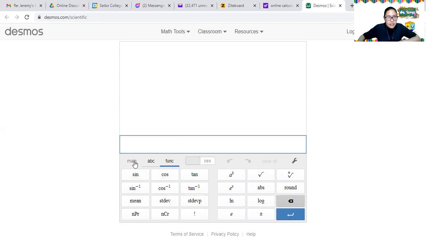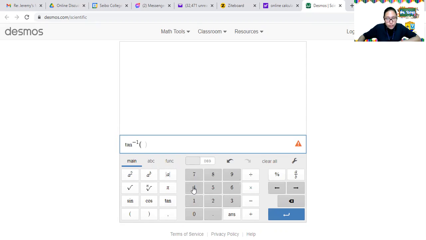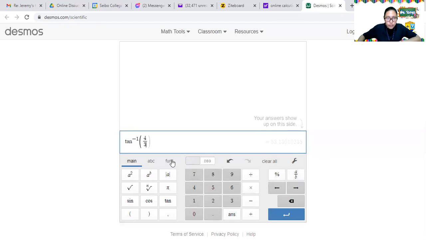I'm using the Desmos scientific calculator, and when you press the function button in the Desmos calculator, you will see here the inverse tangent button. Okay, so if we click that inverse tangent and then we go back and then write 4 over 3, that's a fraction form. I will click here the a over b button so that I can write a fraction. So 4 over 3. And then again, I will close that using a parenthesis.